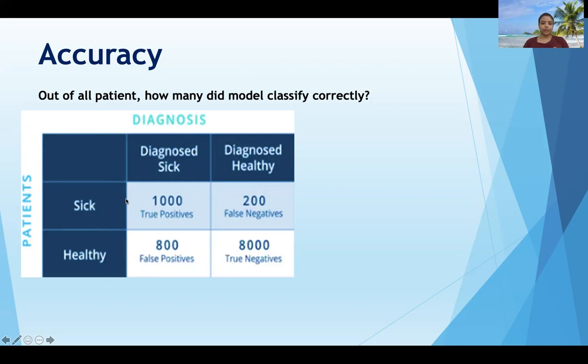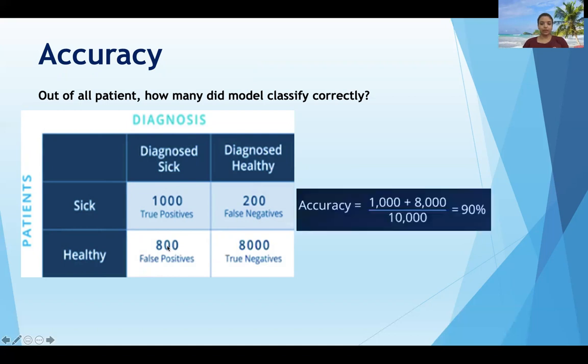The number of correctly classified is this 9,000, the sum of the true positive and true negative. These two are the correctly classified ones, and the total number of patients here is 10,000. So we calculated the accuracy and got 90%.